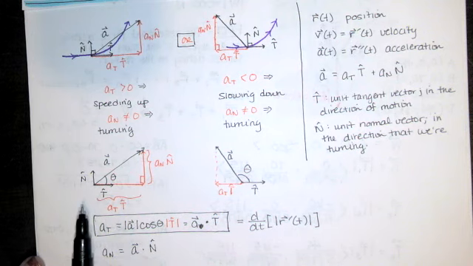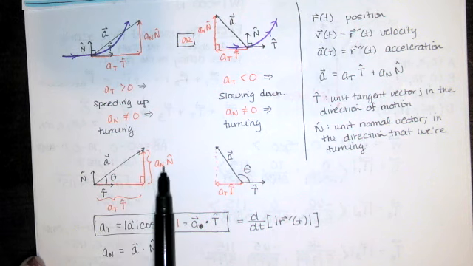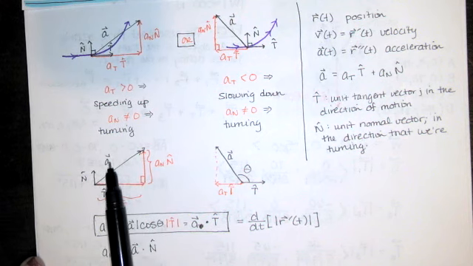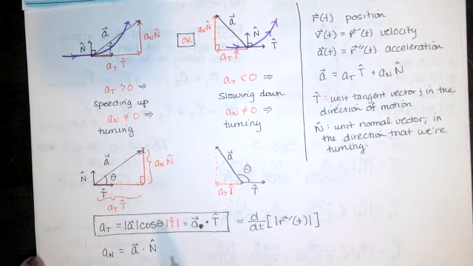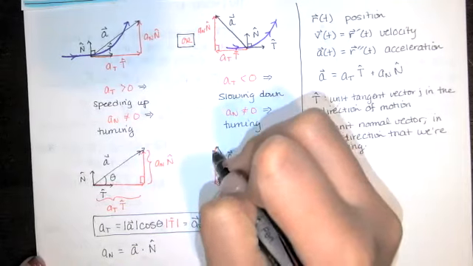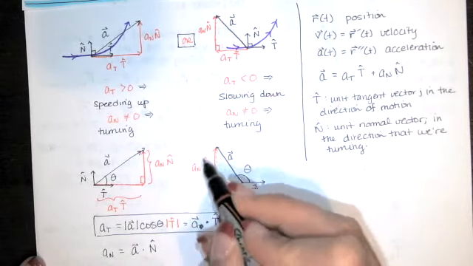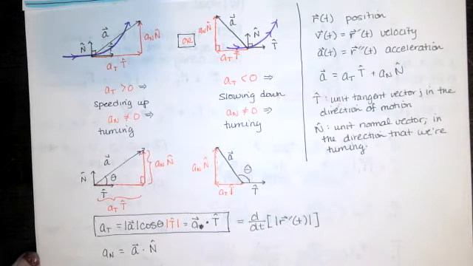Now, I notice right here that I've got a right triangle, and we know the Pythagorean theorem holds for a right triangle. This side length squared plus this side length squared equals that side length squared, or a squared plus b squared equals c squared by the Pythagorean theorem. We've got a similar right triangle over here.